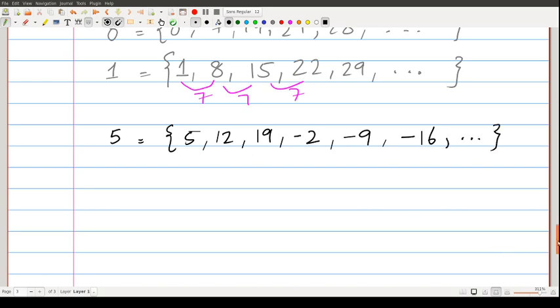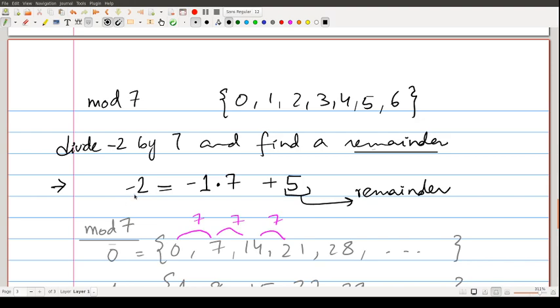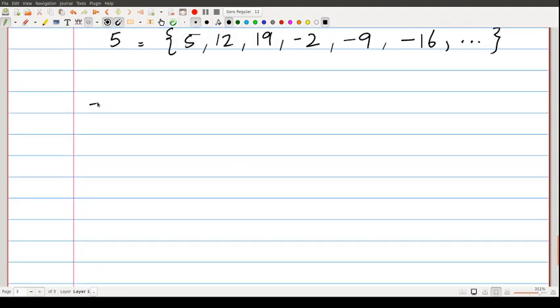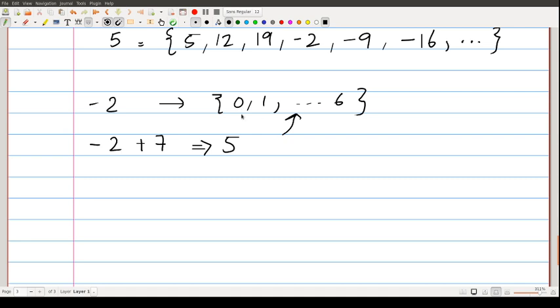So if you started off from minus 2 and you wanted to find the equivalent remainder from 0 up until 6, what you can do is, if you are in negative, you can add 7 a bunch of times until you get into this range. So if I do minus 2 plus 7, you get 5, and 5 is in this range, so I can deal with 5.